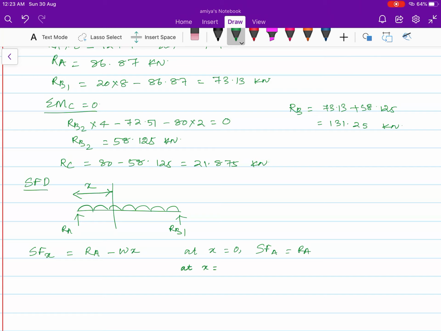At X equal to 8 meters, the shear force at B will be RA minus W into 8, that is 86.87 minus 160, which is minus 73.13 kilonewton.